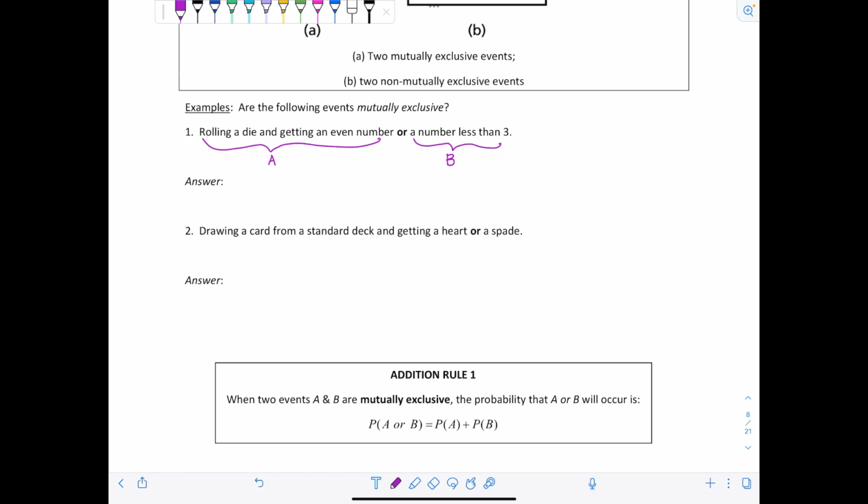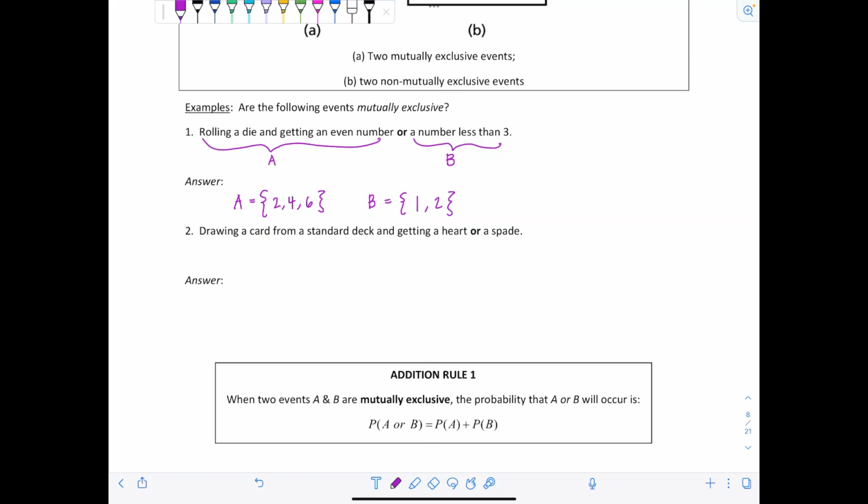List their sample spaces. So for event A, if you roll a die and get an even number, that could happen if you roll a 2 or a 4 or a 6, yes? How can event B happen? You roll a die and you get a number less than 3. So that happens if you roll a 1 or a 2. I can't include 3 in there because they said less than 3, okay?